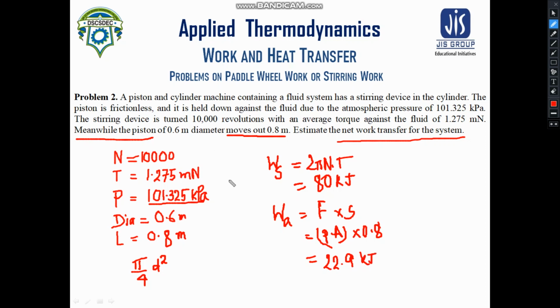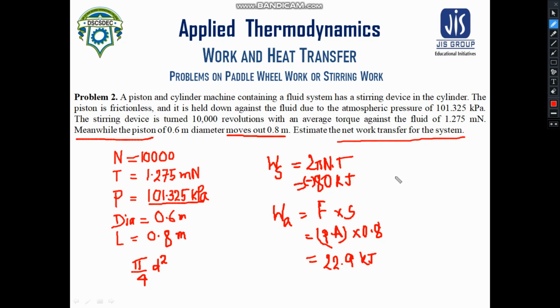Now, as I have told you earlier, this WS should be considered negative because this is the surroundings which is doing work upon the fluid system, and here the fluid system is doing work on the atmosphere.